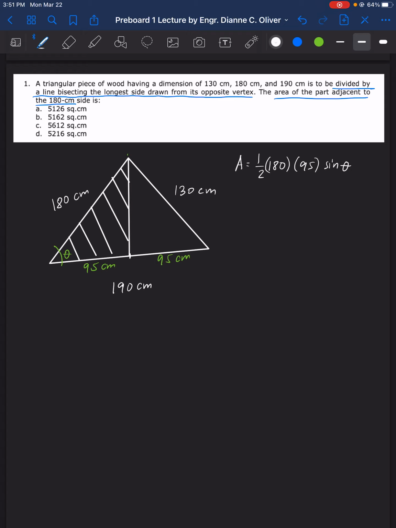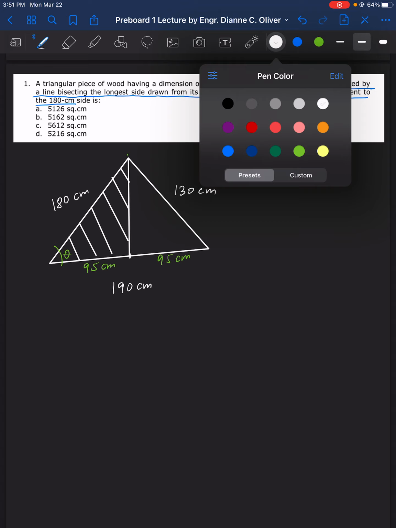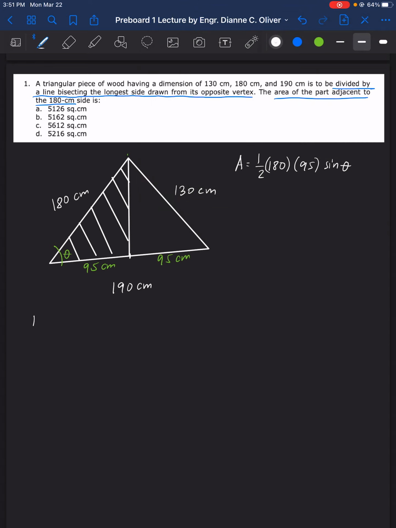Now, how do we get the value of theta? Well, we can use the cosine law, since all three sides are given, so we can determine the value for theta. Why cosine law? The side opposite theta here is the 130 centimeter side.